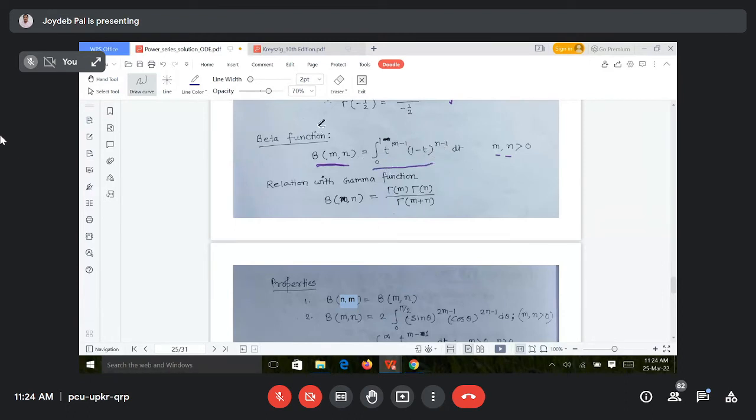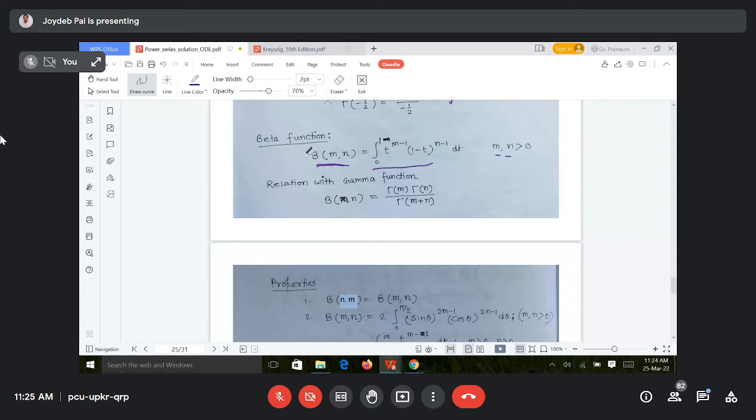The form of gamma alpha is the integration from 0 to infinity of e to the power minus t, t to the power alpha minus 1 dt. That is the form of the beta function. Now how to find the value of beta of something comma something? By knowing the gamma function only, you can find it.